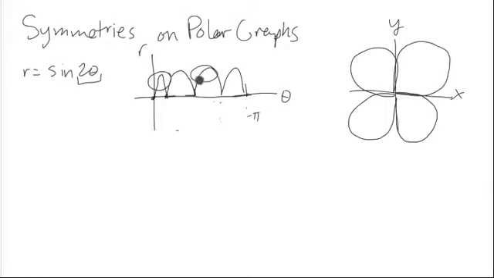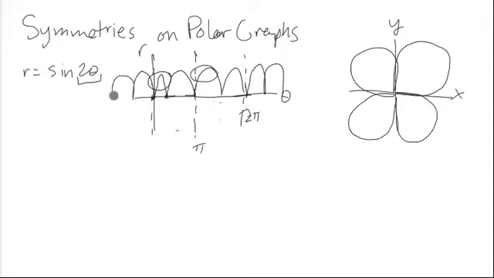Now notice, well, first of all, if we were to look at right here, this is pi, so that's 2 pi, and this is pi, and 0. Notice, if the graph were to continue, because of periodicity, it'd go like this.